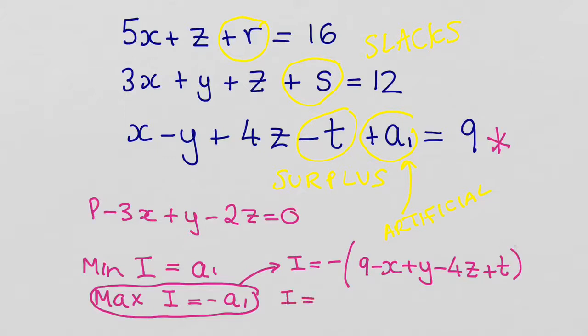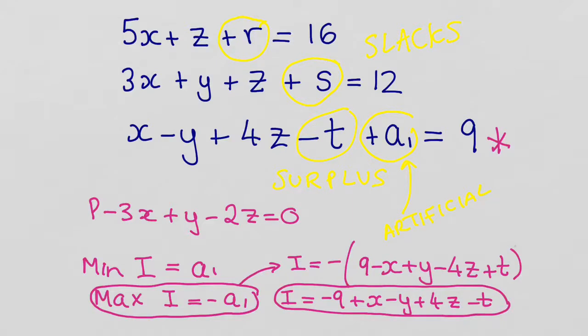So I equals negative 9 plus x take y plus 4z take t. And that is my second objective function.